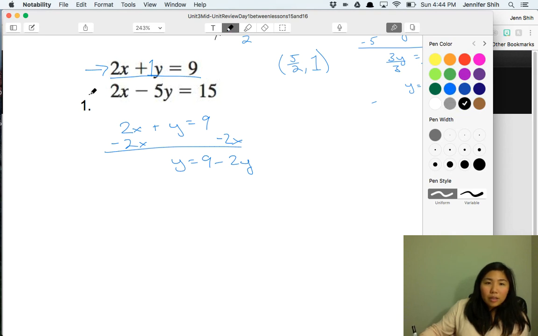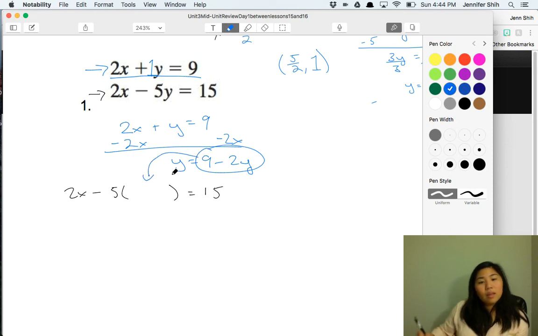Now I'm going to take the second equation, 2x minus 5 parentheses equals 15. And from here, I'm going to plug in 9 minus 2y in this guy. Okay, so I've given away too much already.